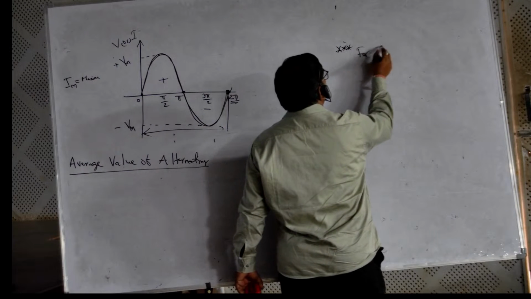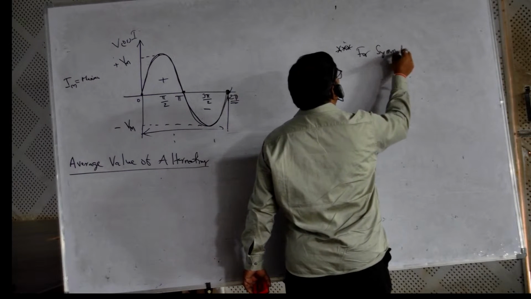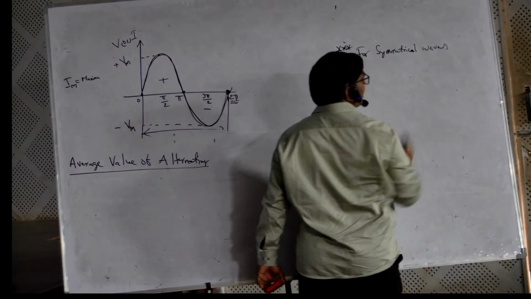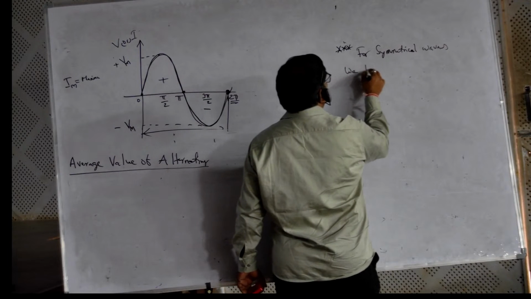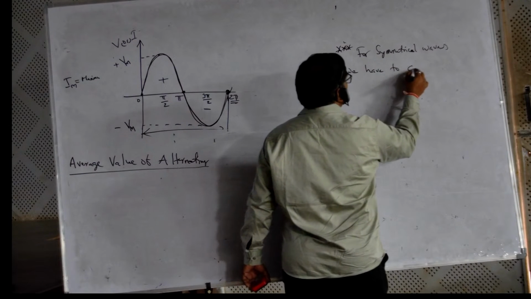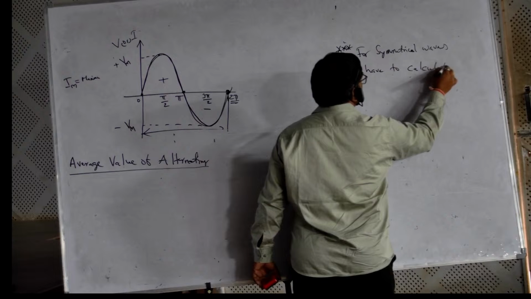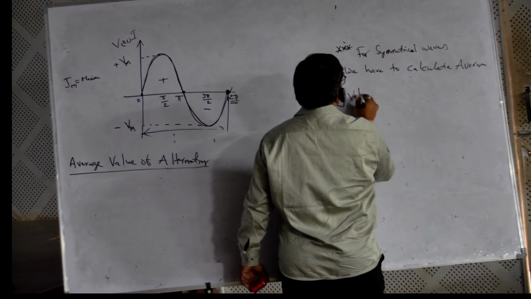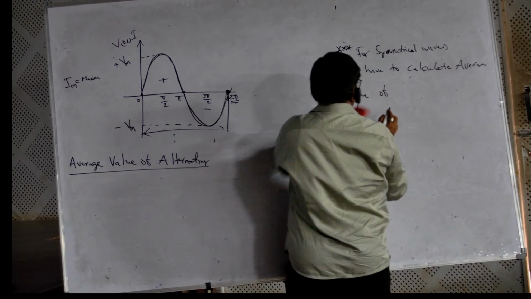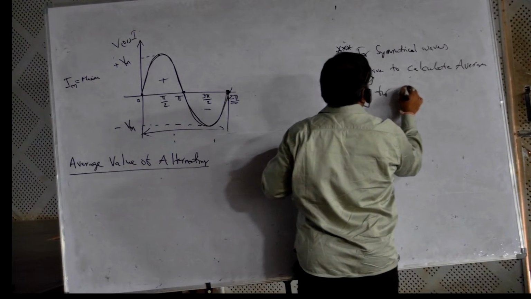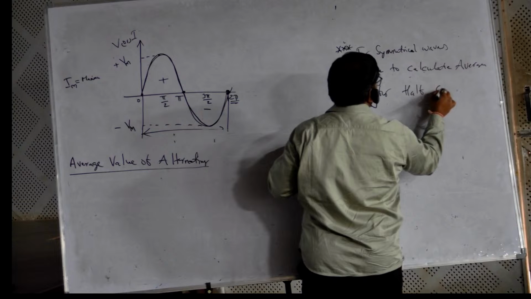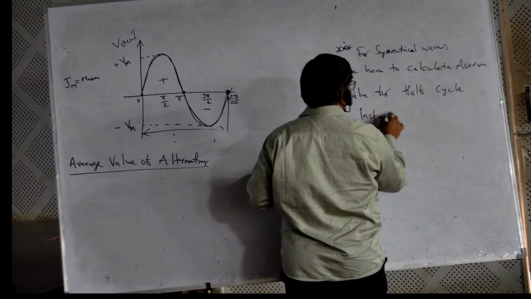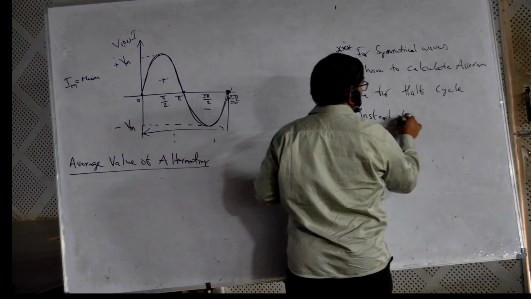So keep in mind that for symmetrical waves, we have to calculate the average value for the half cycle instead of the full cycle.